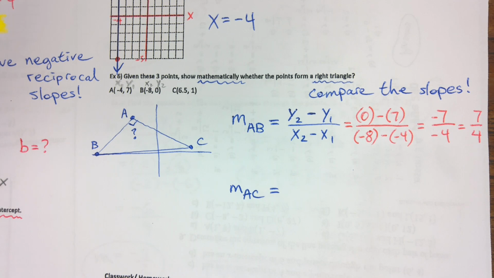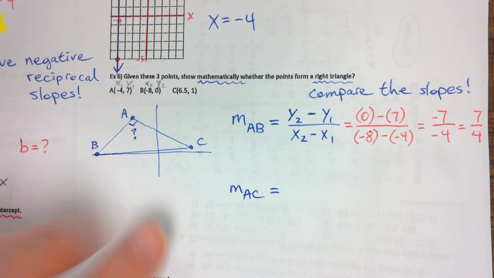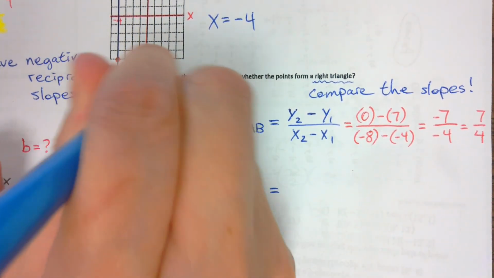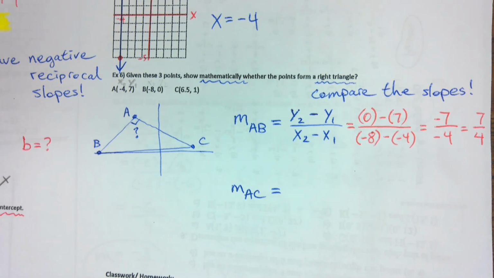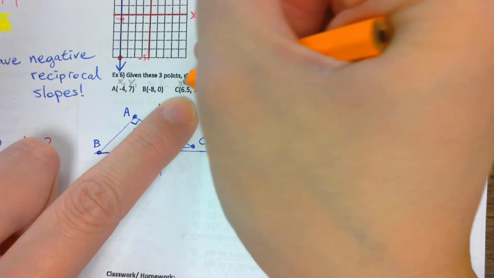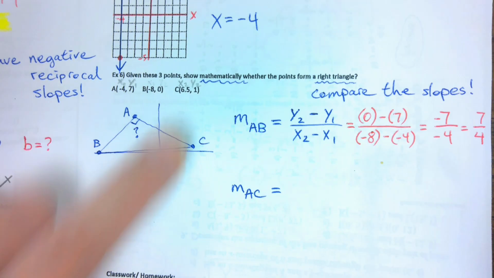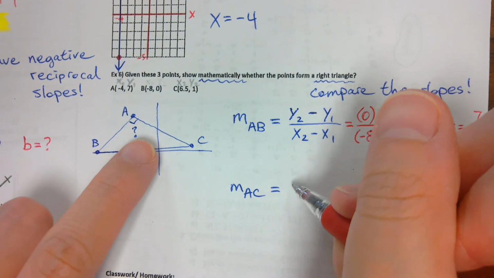Right? Okay. Now I do the same thing with AC. So with AC, I'm going to call this my x2, y2. Doing the same thing.